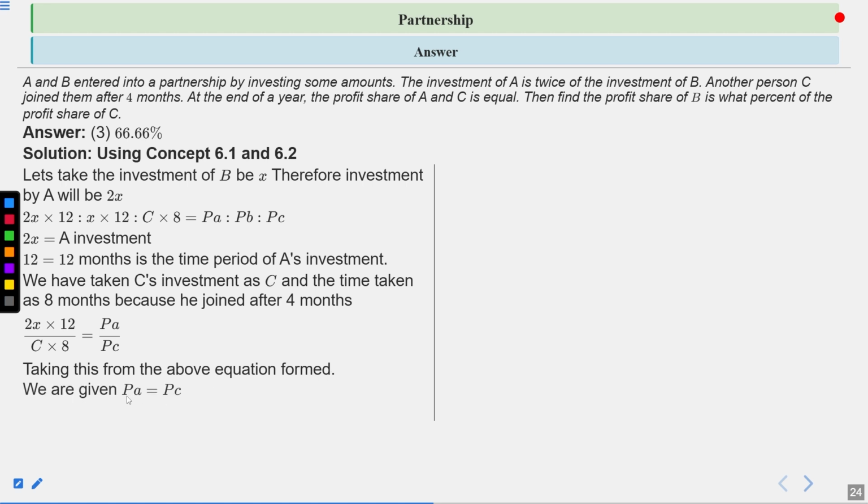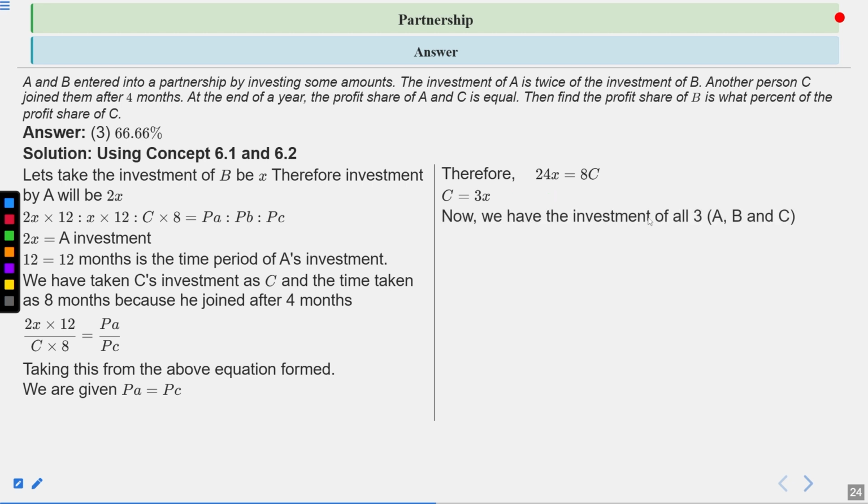We are given that PA equals PC. It is given in the question that the profit share of A and C is equal. So we can say that this should be equal. So 24x equals 8c according to the question. Now we get the value of C, which becomes 3x.